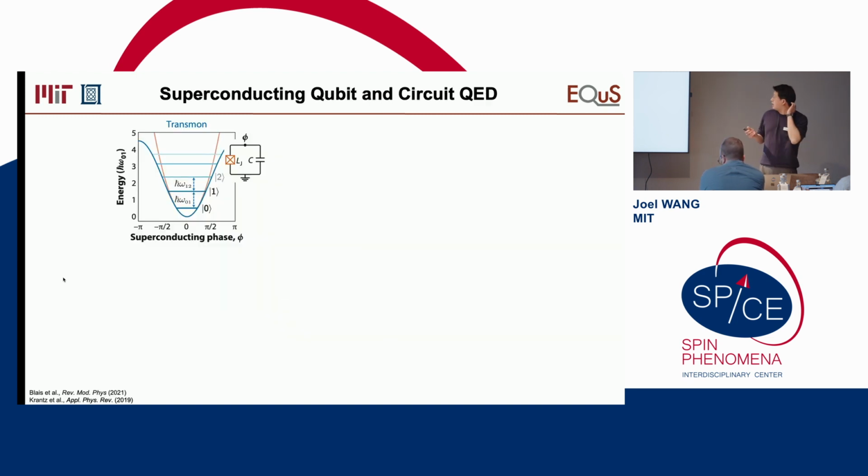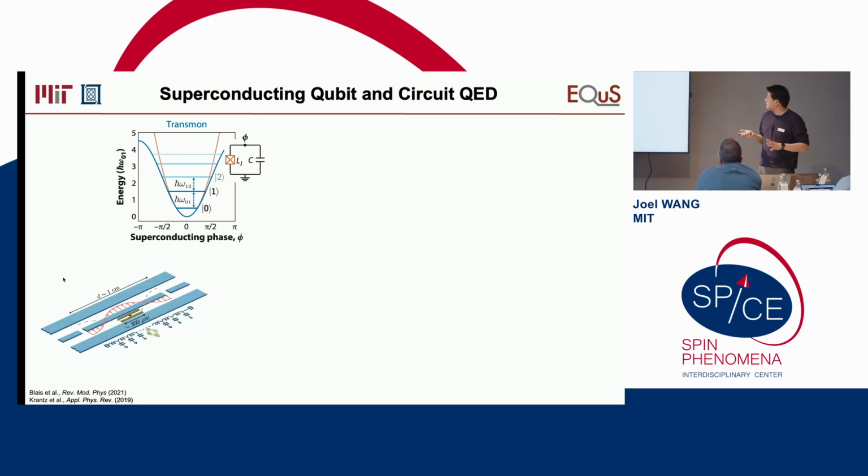To start with, let me just briefly go through the introduction. I think many of the speakers today have already gone through it. Basically, the superconducting qubit, for example the transmon, is called an artificial atom. It's nothing but a macroscopic device made with electric elements such as Josephson junctions, capacitors, and also sometimes inductors. To read out the superconducting qubit, one relies on a very typical technique called circuit QED.